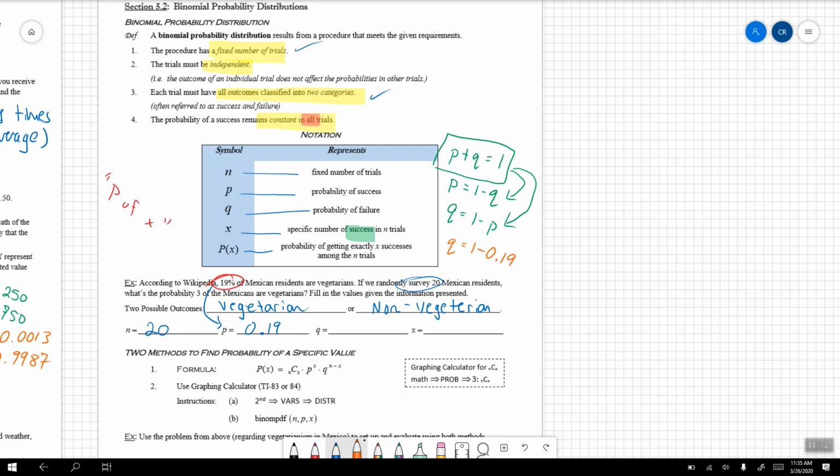You can do the quick math on that: 1 minus 0.19 is 0.81. Nice. So now we have the probability of failure.